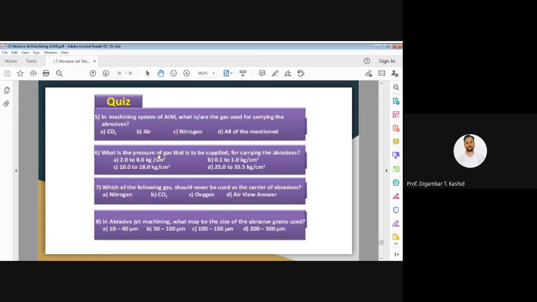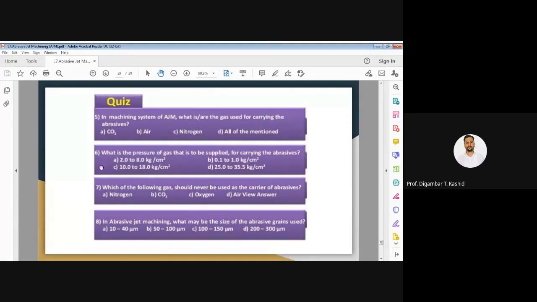In machining system of abrasive machining, what is or are the gas used for carrying the abrasive? Okay, same question is there. Now tell me, in machining system of the AJM, what are the gas used or what is the gas used for carrying the abrasive?